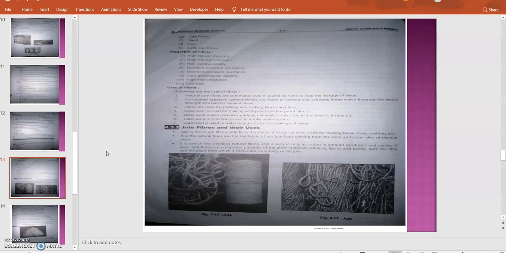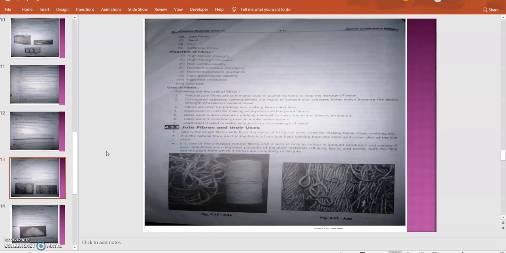So the first type is jute fiber and its uses. In the images you can see these are strips, or strings, of jute fibers usually used for packing.